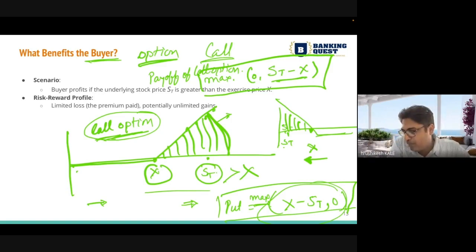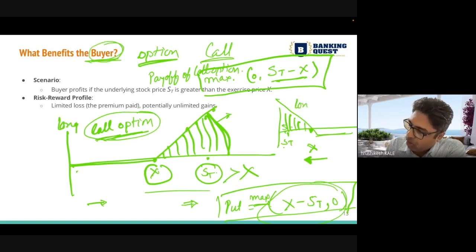You got my point? Now, it's not about profit and loss, it's about the market going up and the market going down. These things we look at from the buyer point of view, that is, long call and long put.